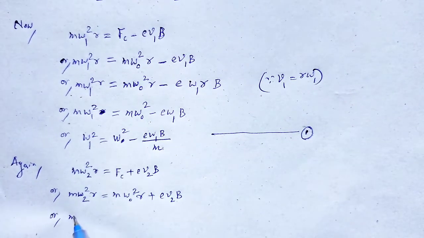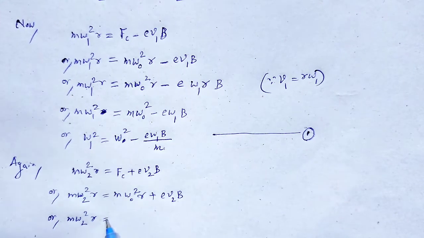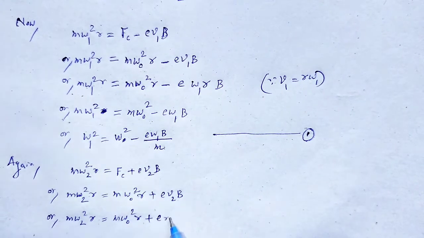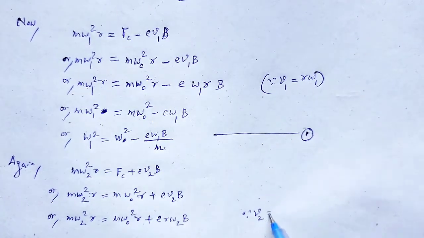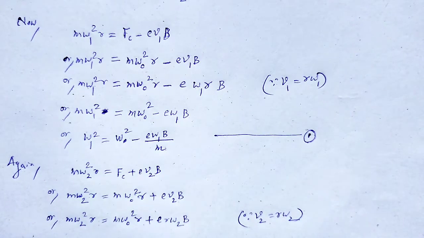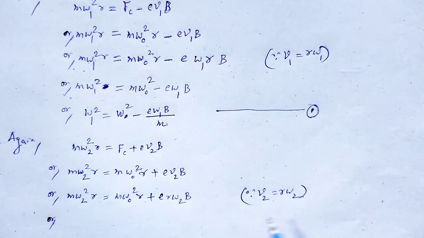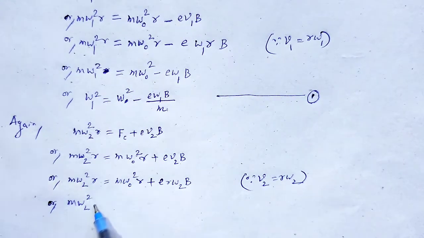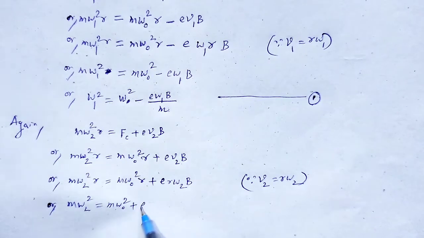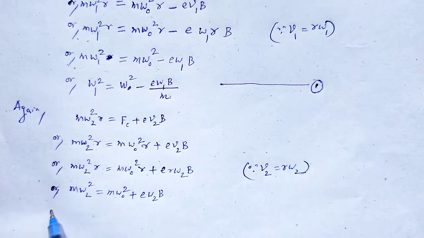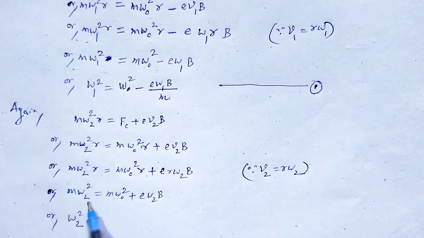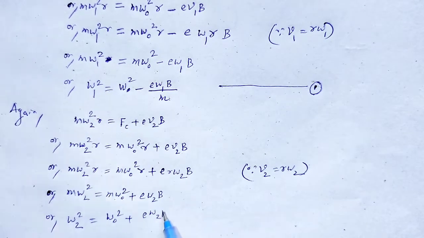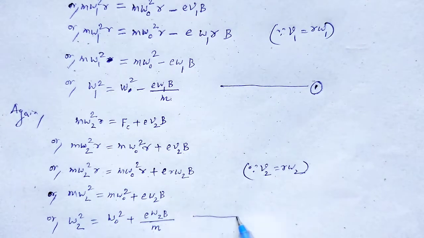In place of V2, which is r omega 2, the velocity for the second electron, r is common on both sides and cancels out, so m omega 2 square is equal to m omega naught square plus e omega 2 B, or omega 2 square is equal to omega naught square plus e omega 2 B divided by m. That is equation number 2.